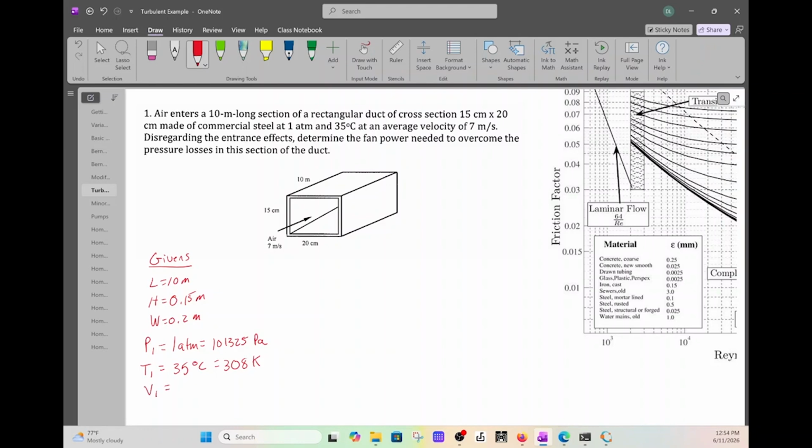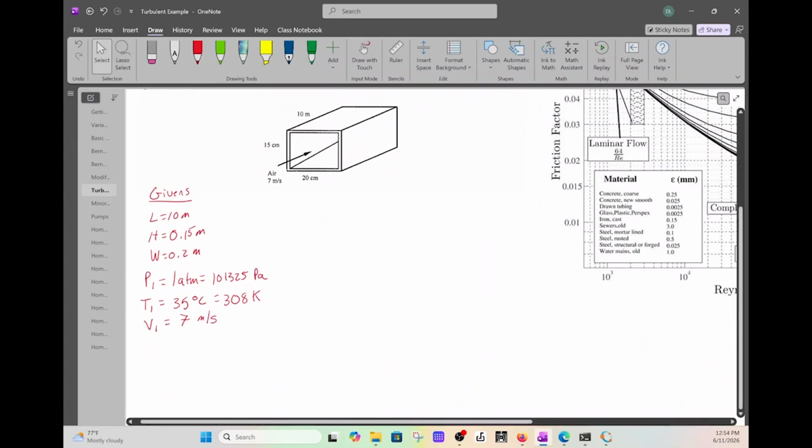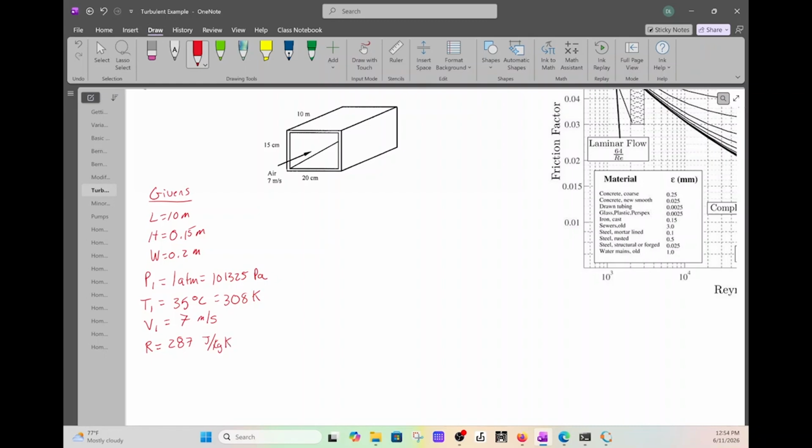We have V1, which is 7 meters per second. We got R for air, which is 287 joules per kilogram K. And if we need the other properties like mu, then we can grab those. But for right now, we'll just leave that. We're going to look for W dot.